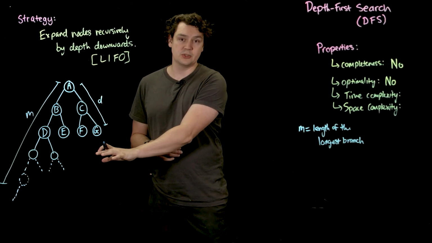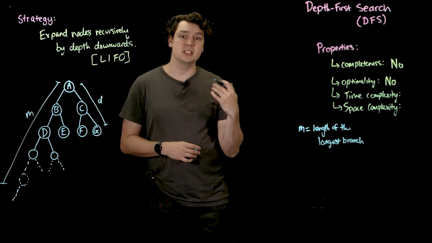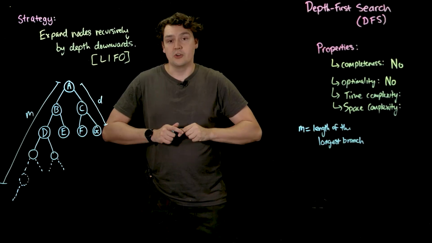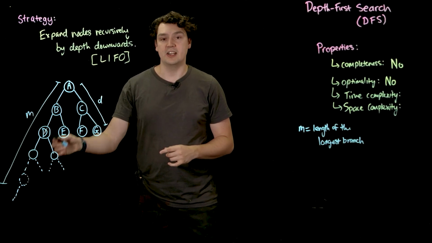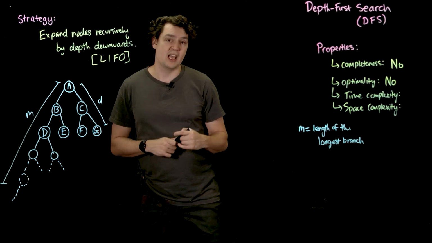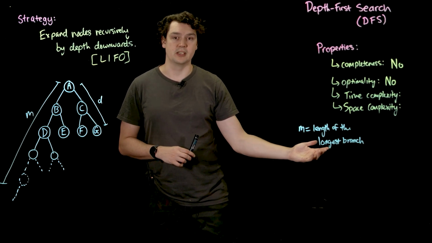But M is essentially the length of the longest branch, and this can be substantially larger than D. We don't know how far down it can go, and even in finite trees, where there is some maximum depth, M is often larger than D. So this is really important for informing our discussion.